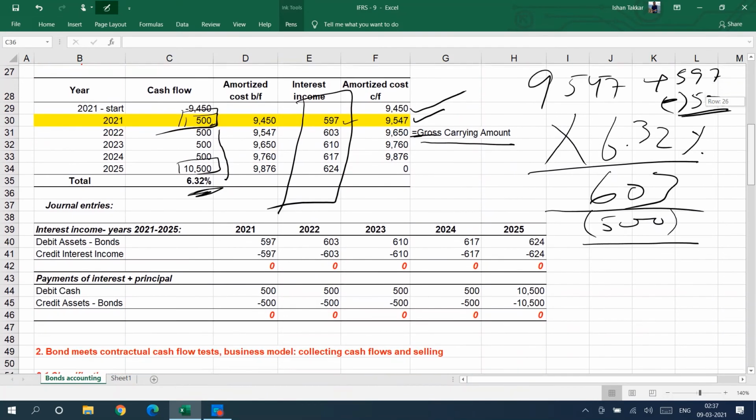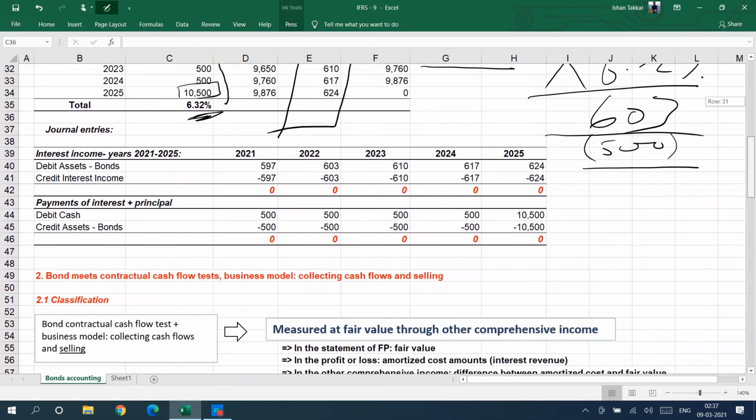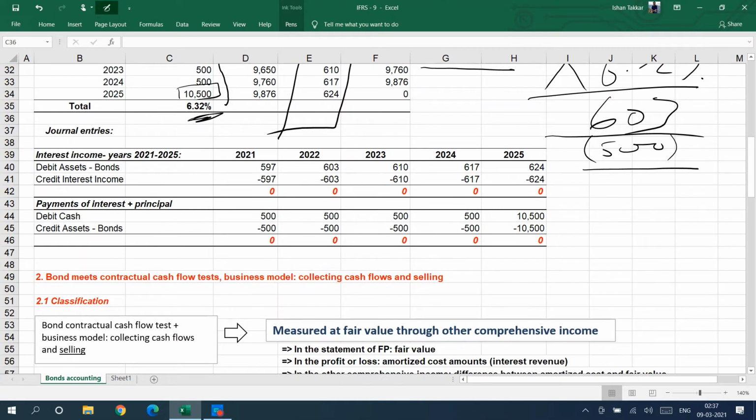So what journal entries will you pass? Whenever you accrue the interest, you will debit bond because it's increasing your asset, the bond asset, and whenever there is an increase in income, you credit income. So debit bond, credit interest income by 597.